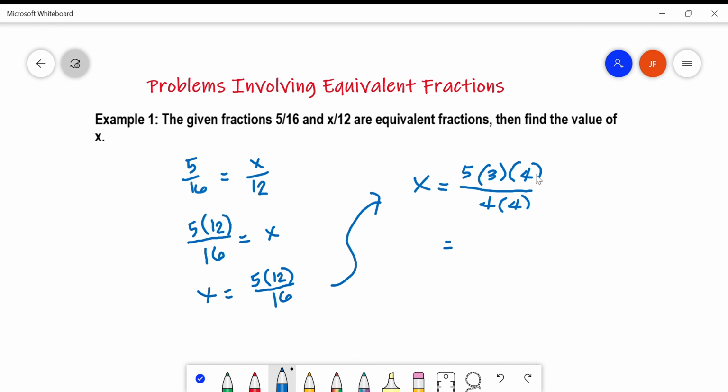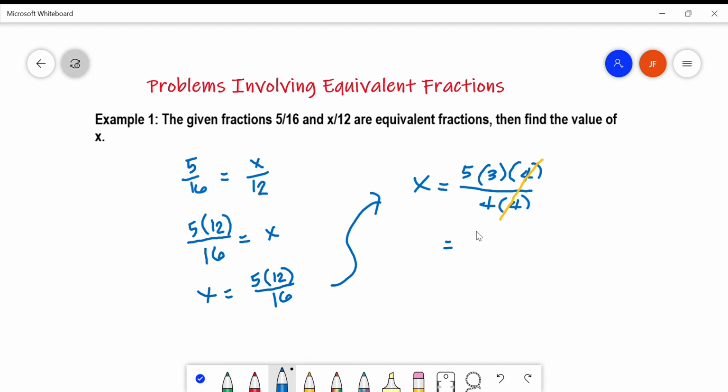So from here, you can just cancel numbers common to the numerator and the denominator. Okay, so 4 over 4 is equivalent to 1. Okay, we have already eliminated 4 on the numerator and the denominator. So what we are focusing on now is 5 times 3.